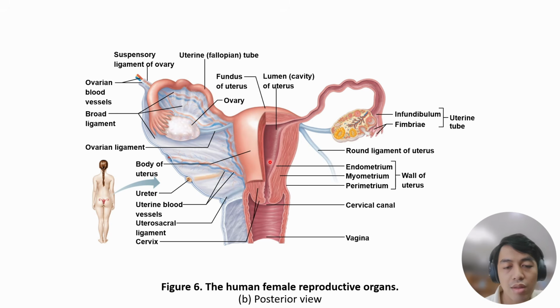Outside of the uterus is then your vaginal canal. The uterus has three regions: the fundus, the body, and the cervix. The cervix is the narrow opening of the uterus.